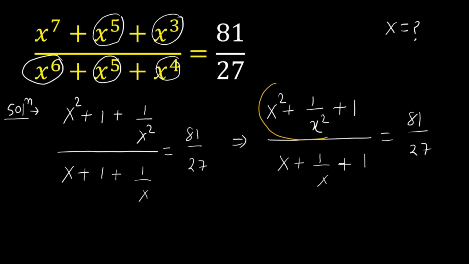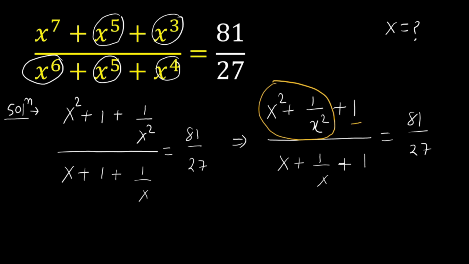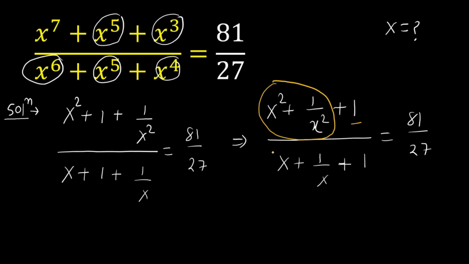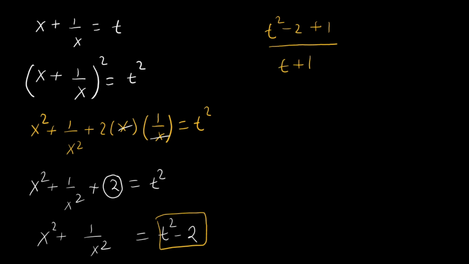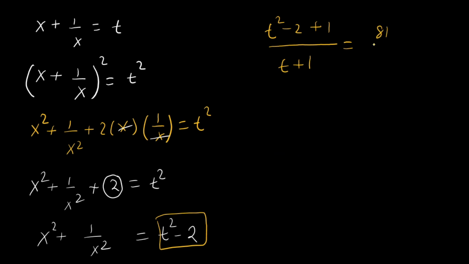So x^2 plus 1 over x^2 is replaced by t squared minus 2, then t squared minus 2 plus 1, divided by, in the denominator, x plus 1 over x is t, plus 1, so t plus 1, and this is equal to 81 over 27.